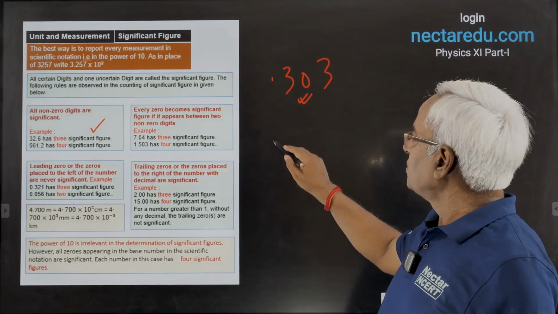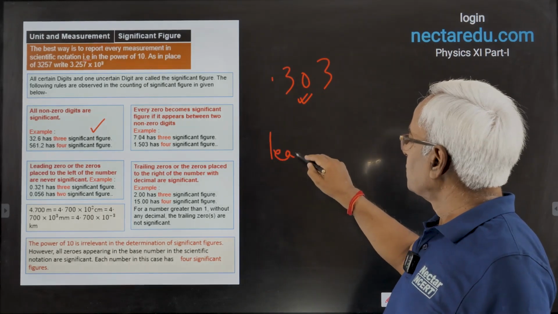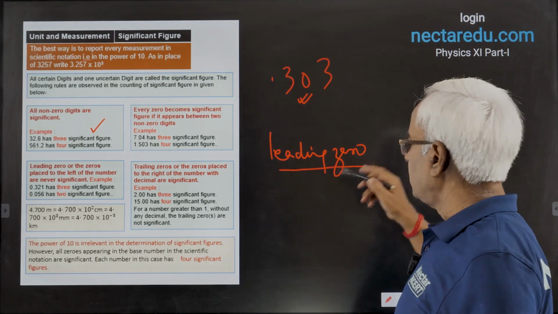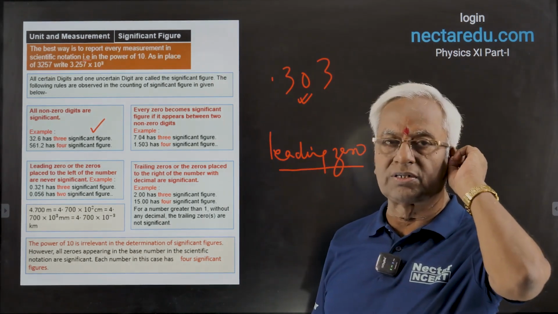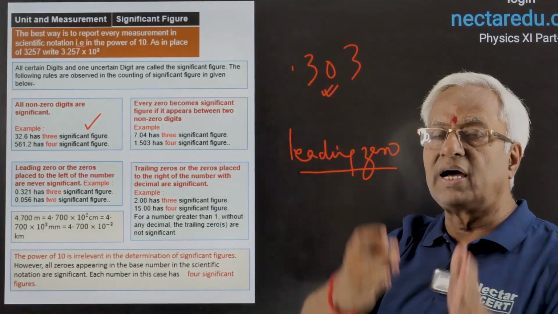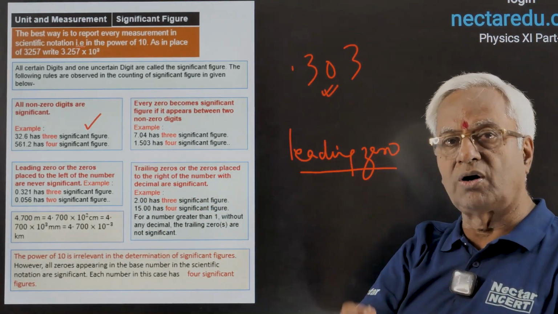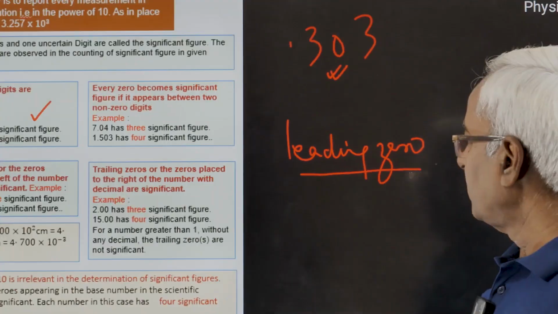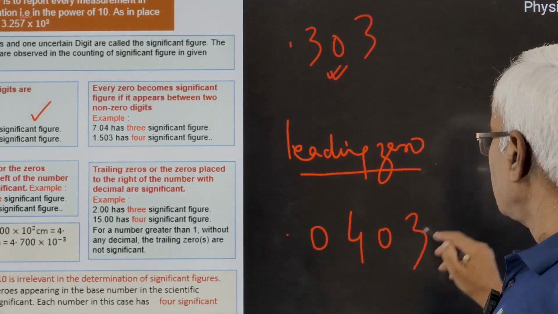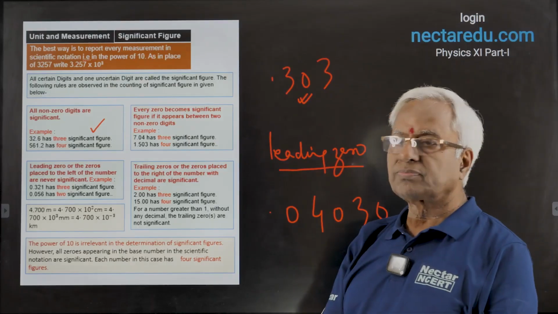Now, what about leading zeros? Would they be counted as SF or not? No, not at all. Leading zeros means zeros lying before the first non-zero digit. For example, 0.04030.